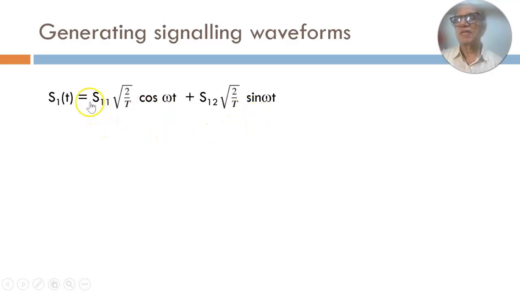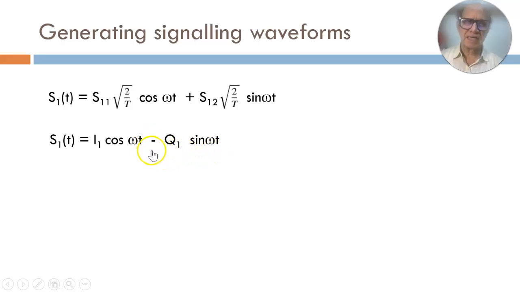Now in literature, usually these are combined into a single value, and the coefficient of the cos term is denoted by I and is called the in-phase component, whereas the coefficient of the sin term is represented by minus Q and is called the quadrature component. So S1(t) will be equal to I1 cos omega t minus Q1 sin omega t. Whether you use a minus sign or plus sign is optional.